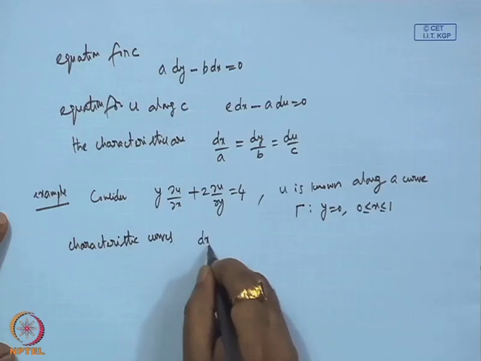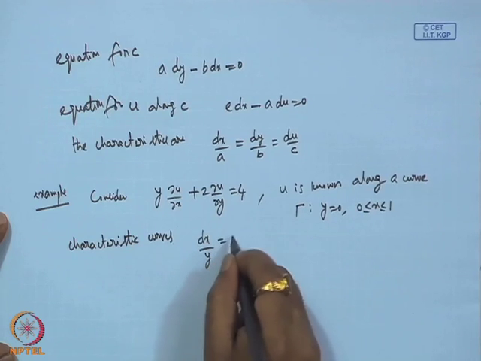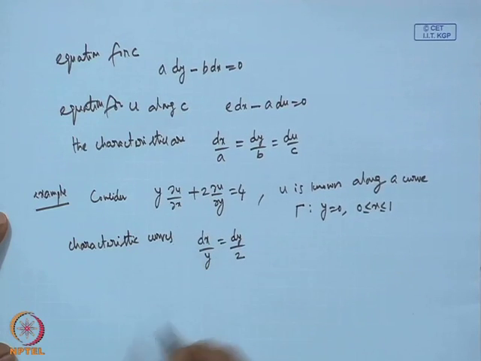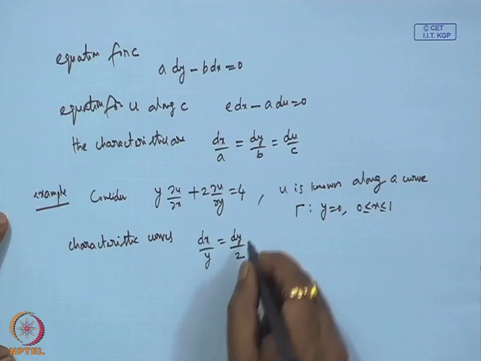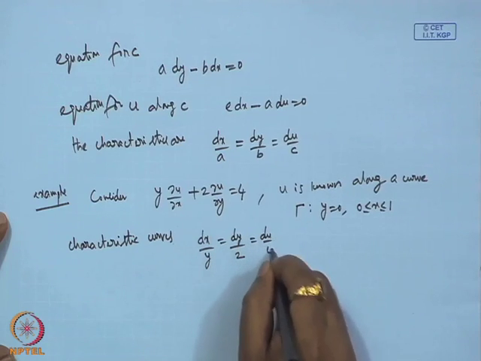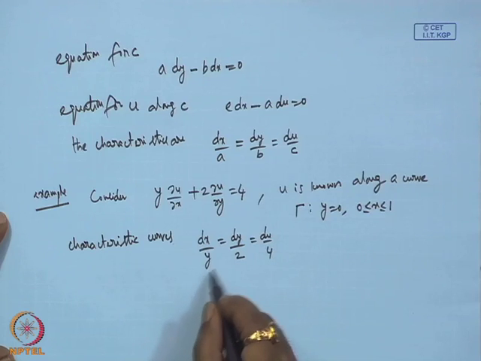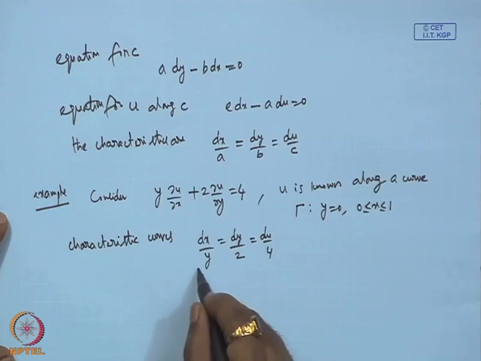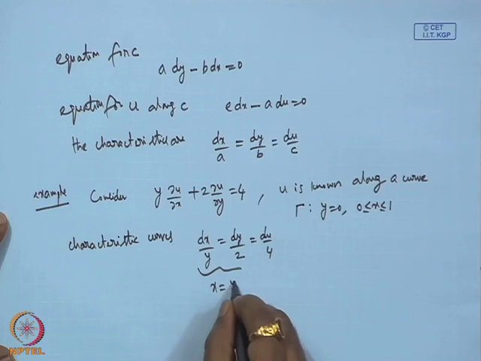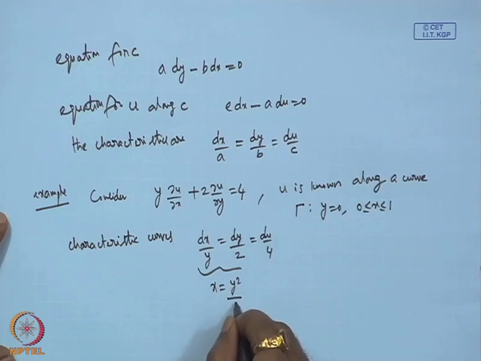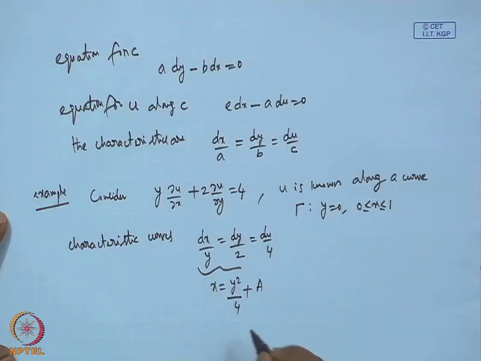Now the characteristic curves: dx by y, dy by 2 is du by 4. So, now let us consider these two. By considering these two we get x is y square by 4 plus a.